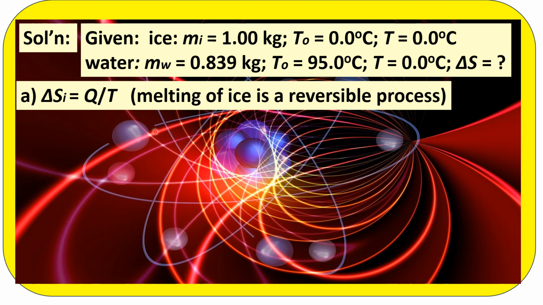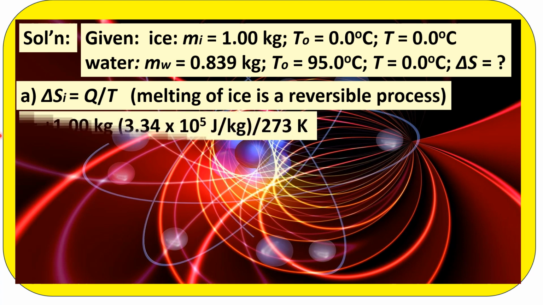All right? And so during melting, the amount of heat that is absorbed by ice at constant temperature is simply the product of the mass of ice, given here as 1.00 kilogram, multiplied by a constant known as the heat of fusion for ice, which is also given in the problem, 3.34 times 10 to the fifth power joules per kilogram.